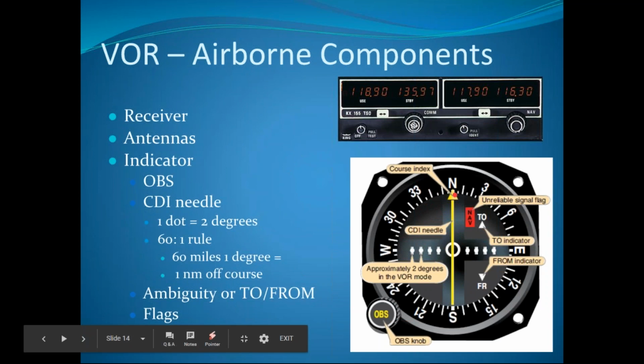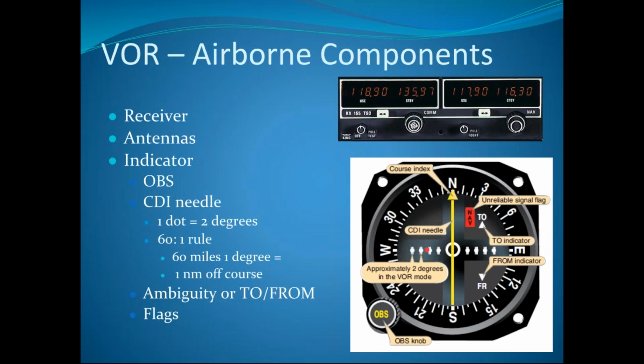So when we are flying, let's say we're tuned into the 360 radial or 0 degree radial, the arrow's pointed directly north. If this CDI needle is centered, as it's showing here, then we are flying directly on that course.